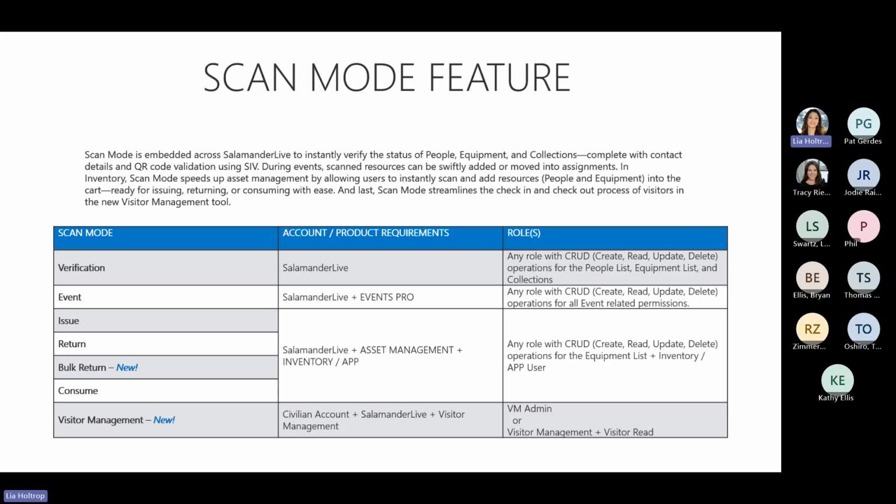We have 3 roles that have been specifically created to manage visitor data. You have a VM administrator, and I apologize, it says admin, but it's administrator. Or you can have a visitor management plus visitor read role. I'll dive a little bit more into this when we get into our civilian account and showcase the two of them. And I'll talk about why there's a difference between the two.